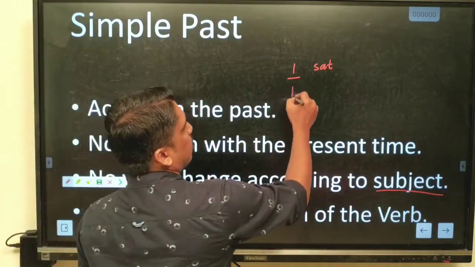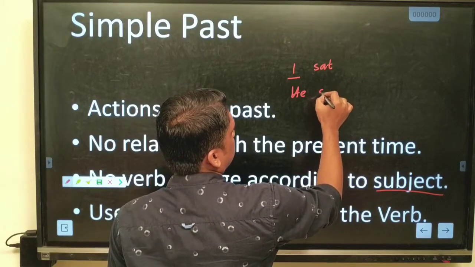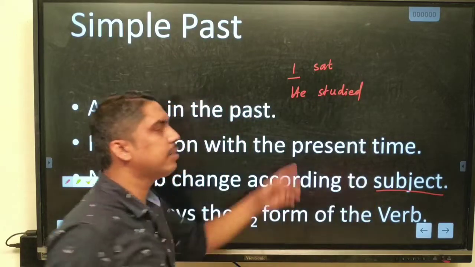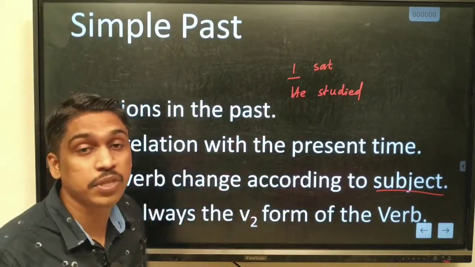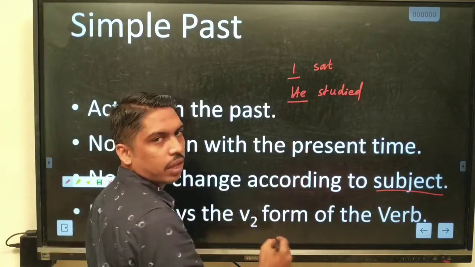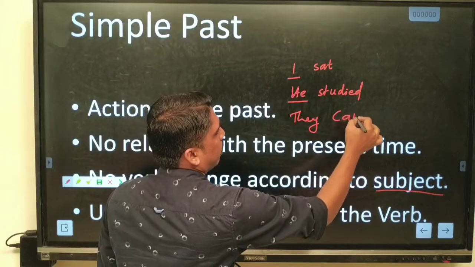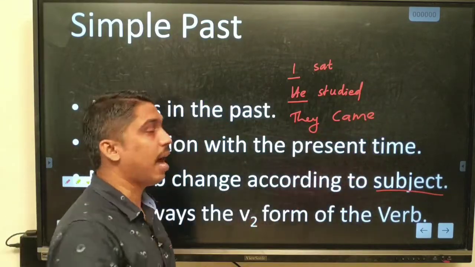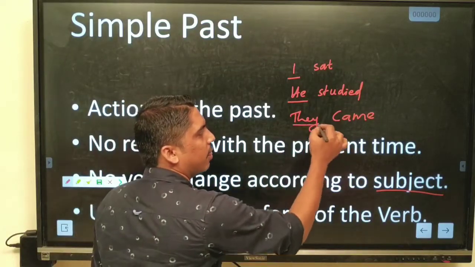Next sentence. He studied. That is also a simple past tense, and here the subject is he. And they came. They came is also another sentence, and which is the subject in that sentence? Yes, they.